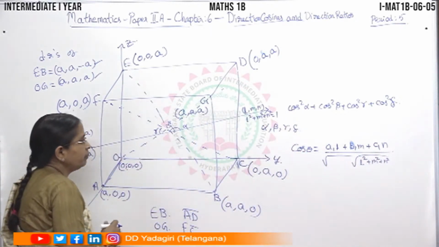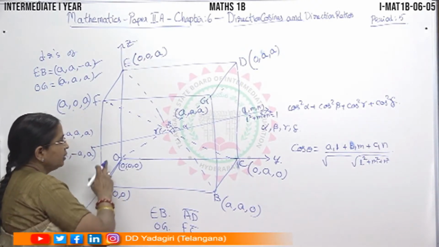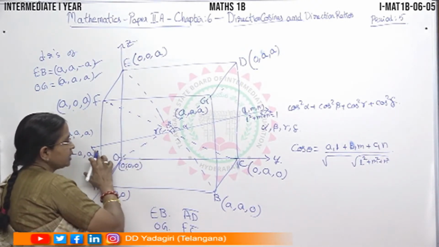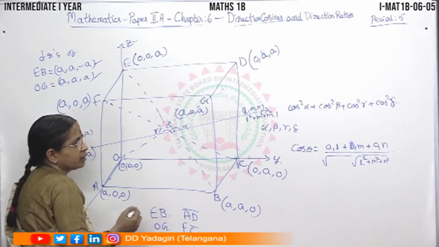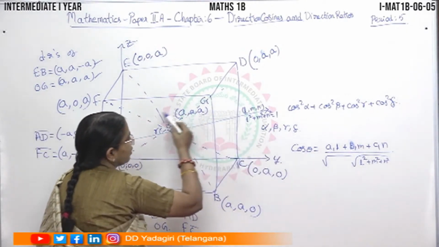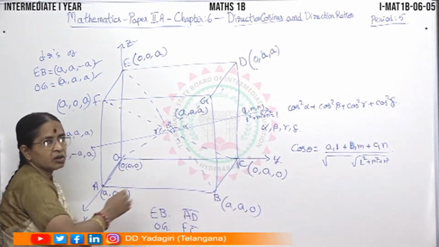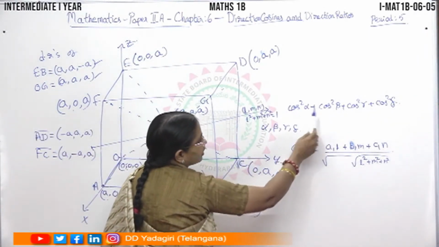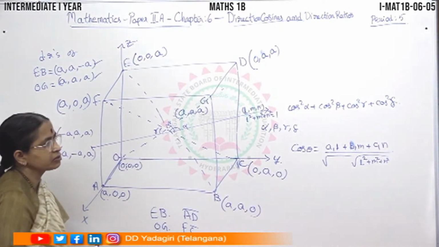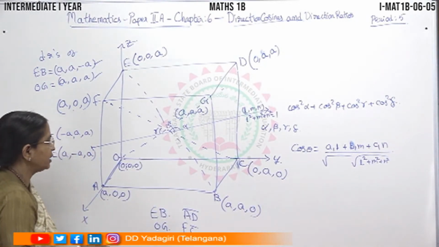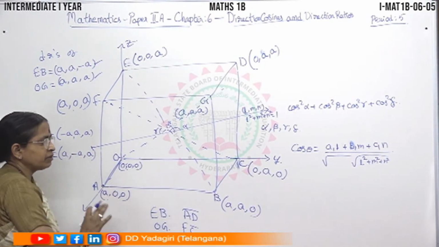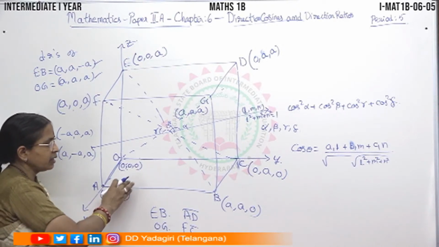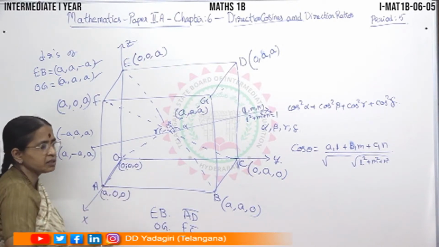So the problem is like this. You have a cube, and a ray making angles alpha, beta, gamma, delta with the four diagonals of the cube. Find the value of cos square alpha plus cos square beta plus cos square gamma plus cos square delta. This problem is very important. For understanding it may take time, but the steps are very simple.